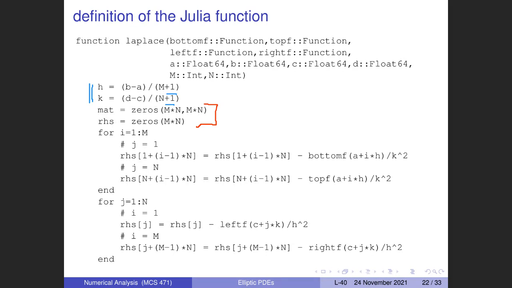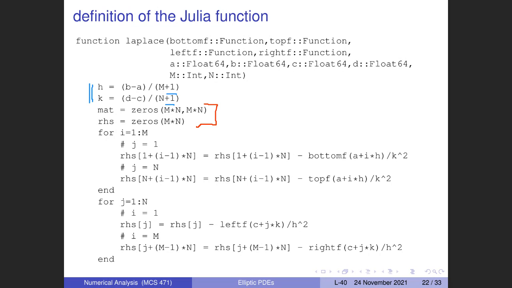So for the right-hand side, we have the evaluation of the boundary condition functions. So we translate here the formulas that were derived earlier. The right-hand side will accumulate.